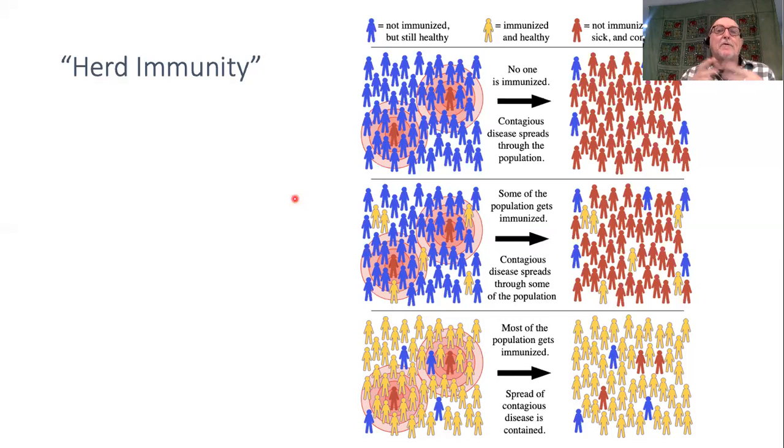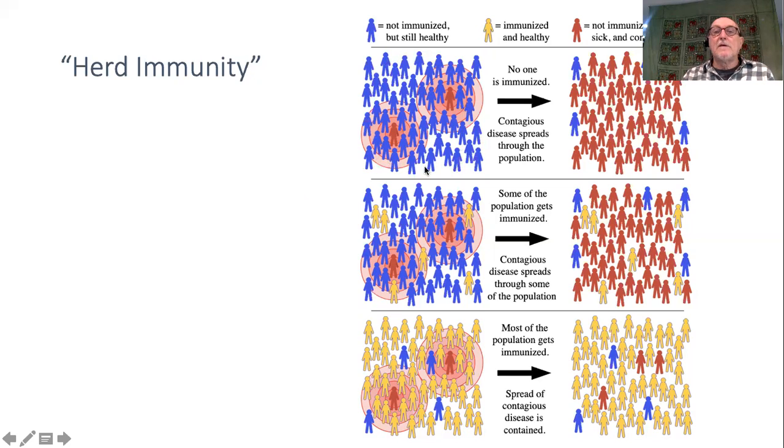Herd immunity refers to the prevalence of immunity to a particular disease in a population, and particularly in a population where disease can pass from person to person. So let's have a look and see the different scenarios.